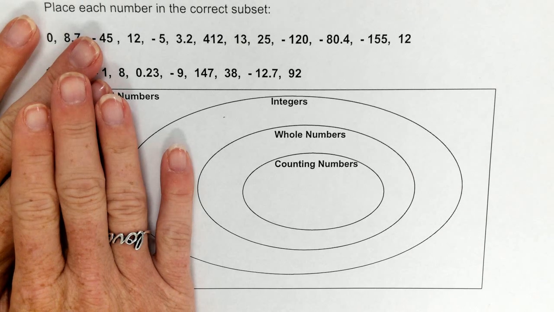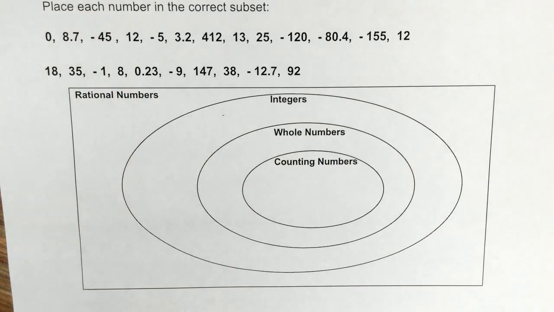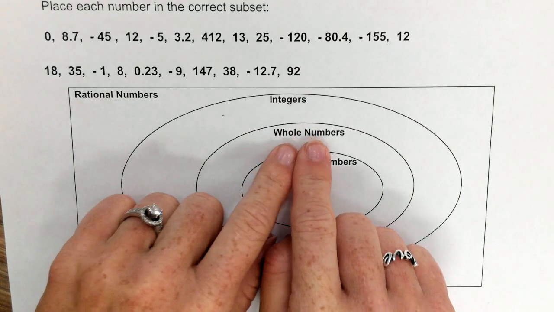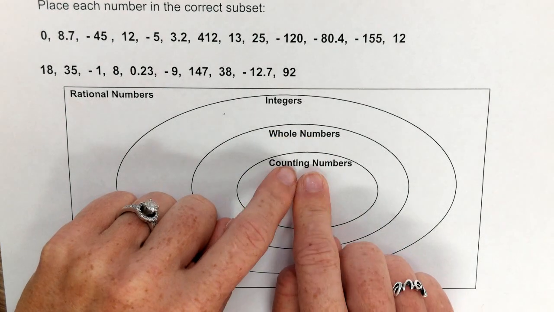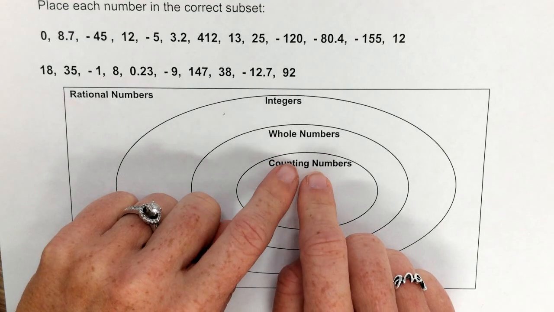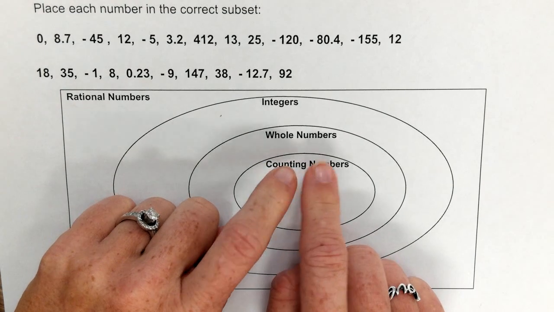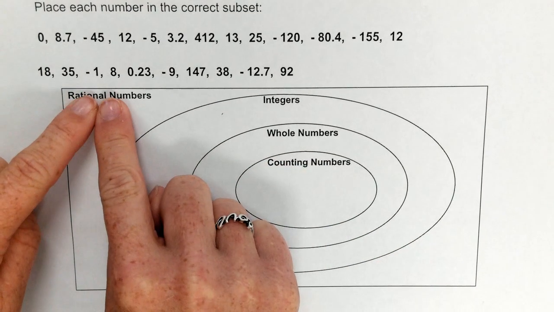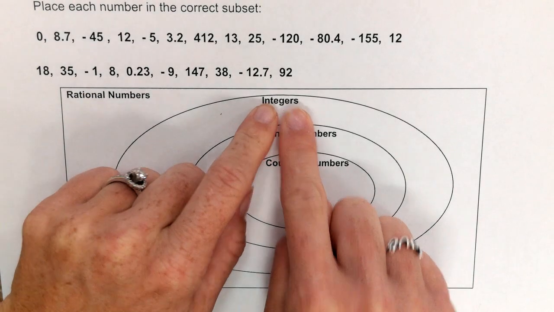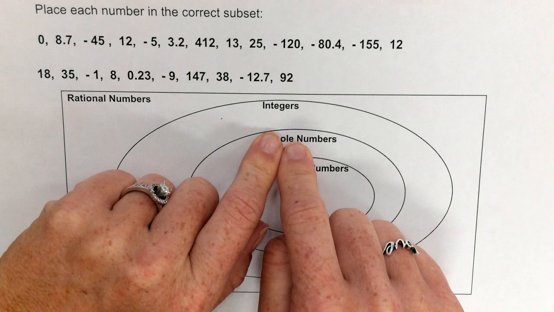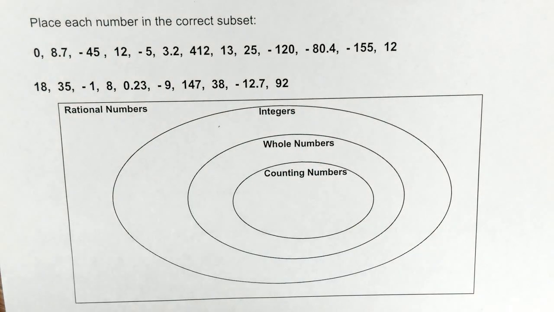But if they're integers, we would specifically put them in the subcategory for integers. Does that make sense? Okay, if they're whole numbers, we would specifically put them as a whole number, and if they're counting numbers, we would specifically put them as counting. But counting numbers are rational. Counting numbers are also whole. They're just more specific.